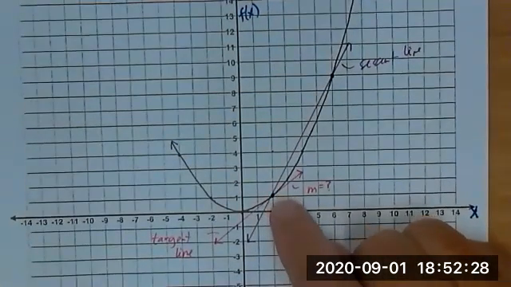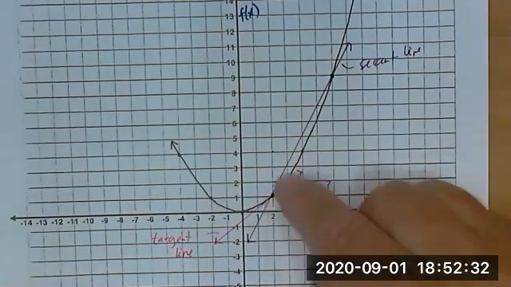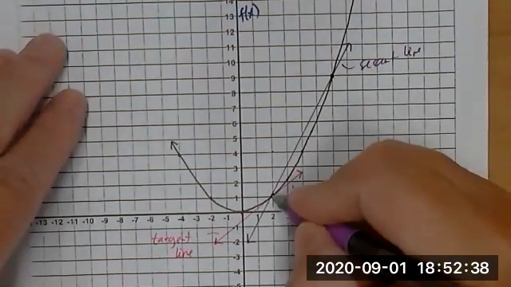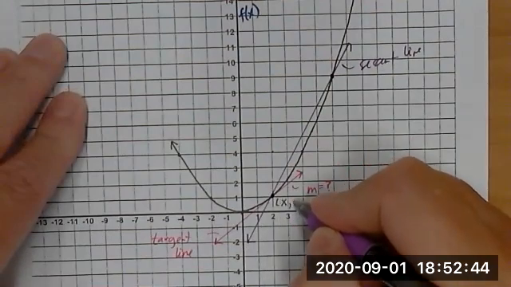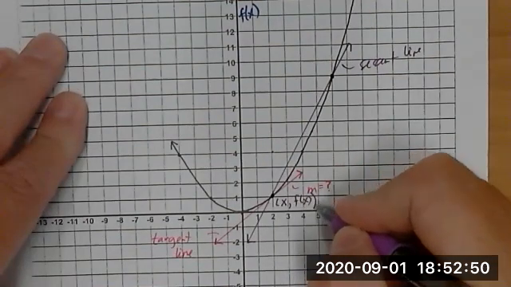Normally, if we call this point 1 and point 2, we have x1, y1, x2, y2. But I'm going to call this point x and f of x.